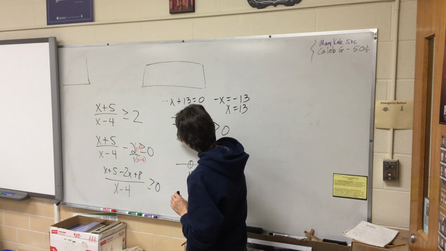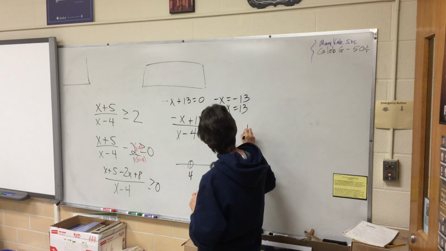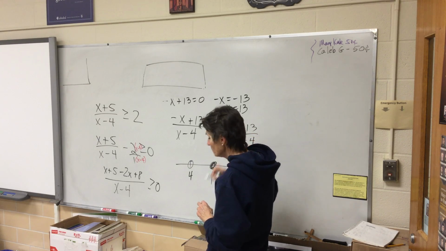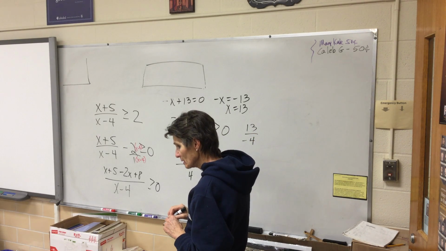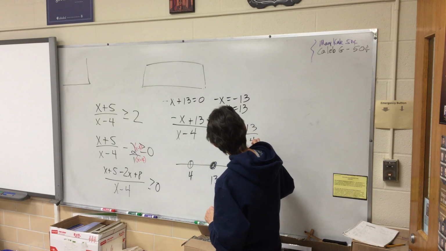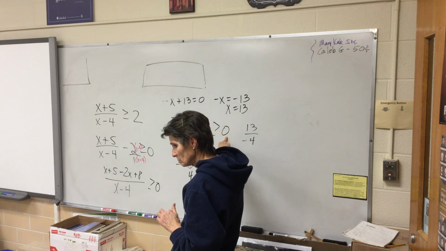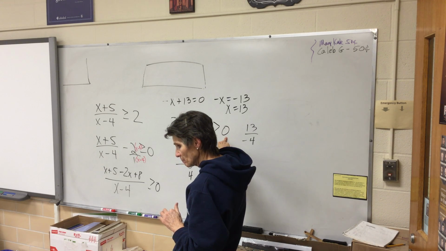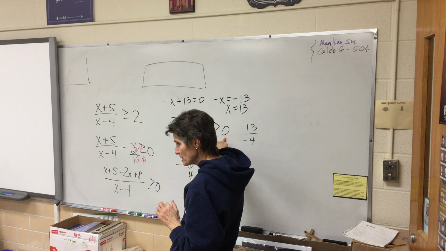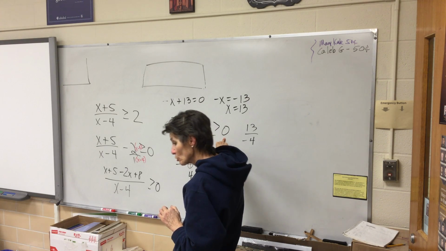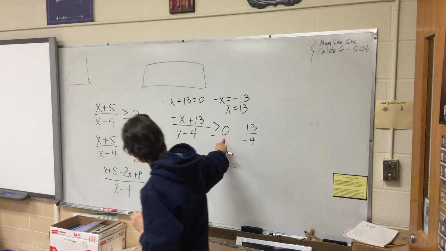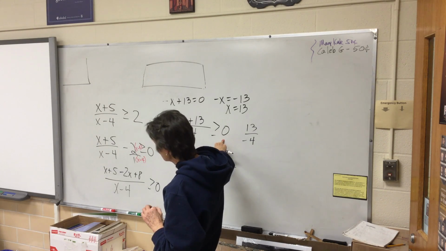If I put a 0 in, don't I just have 13 over negative 4? Is 13 over negative 4 bigger than 0? Yeah, 13 over negative 4 is not bigger than 0, right?